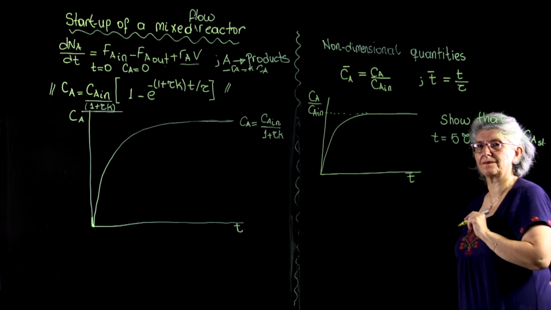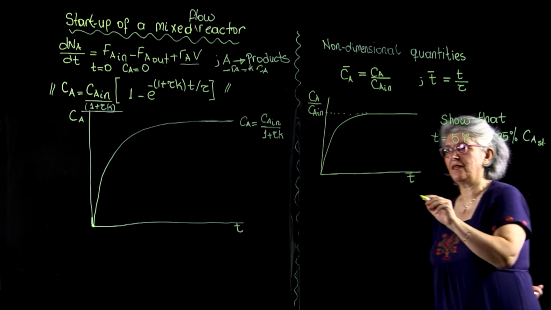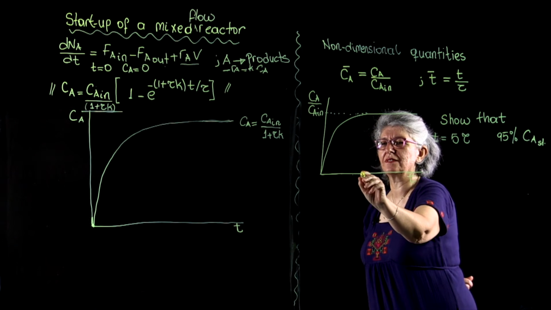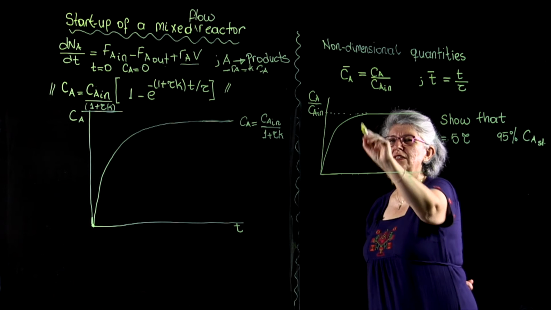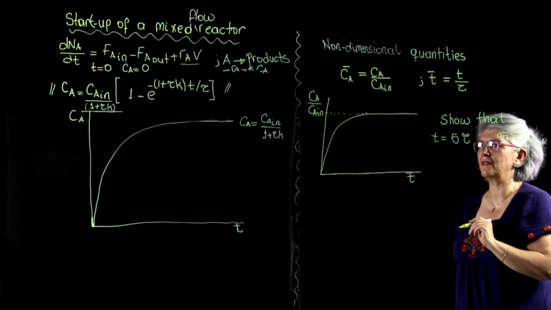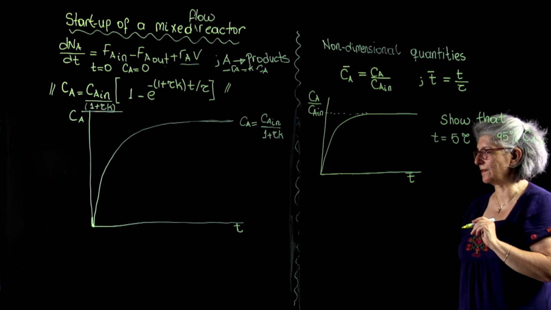Okay? You need 5 tau equivalent in order to reach 95% of the steady state concentration.